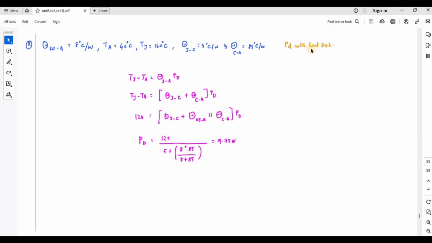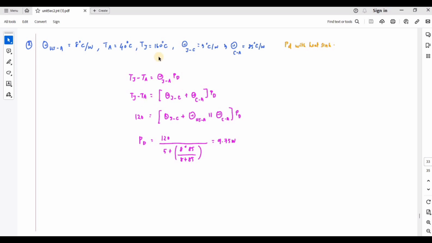So we know that Tj minus Ta is equal to thermal resistance into Pd, where I can write this J of A as J to C plus Hs of A in parallel with C of A. They have already given the values.